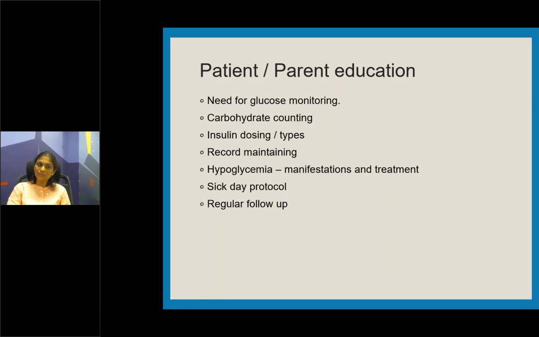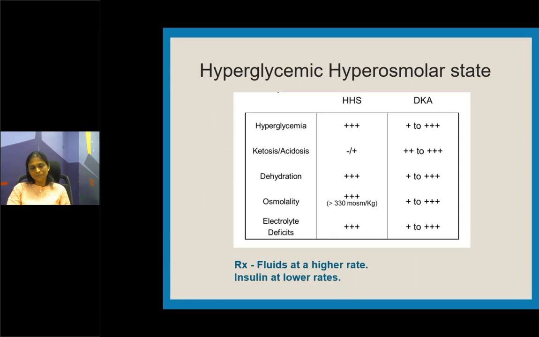So we have to teach them the need for glucose monitoring, how to do a carbohydrate count, and how to type or dose the insulin. We have to tell them the different types of insulin available and why they are being given. We have to ensure record maintaining and also tell them about sick day protocol and management of hypoglycemia, and ask them to come for regular follow-up.